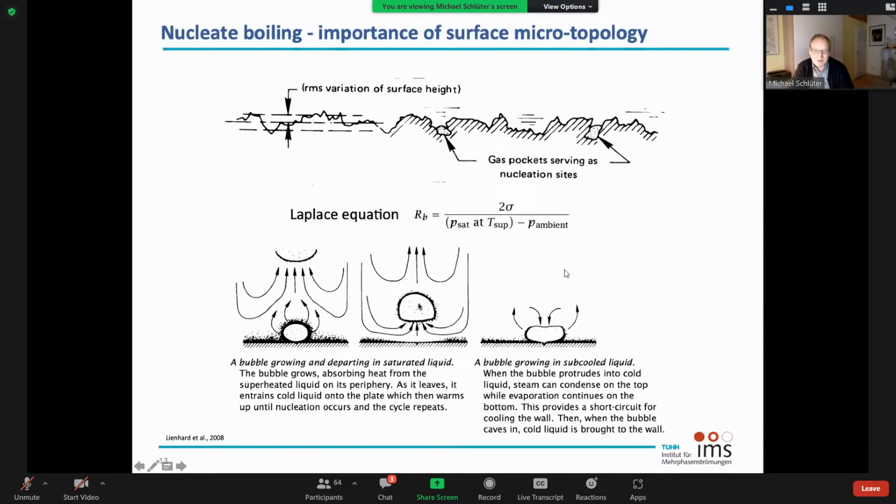And what now happens is that if the bubble is rising, then of course we are depleting some liquid here, and then water flows back from below the bubble. And this, of course, causes an additional convection. And this is a strong additional convection that, of course, also increases the heat transfer performance.